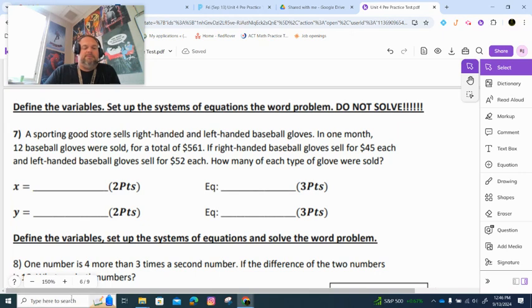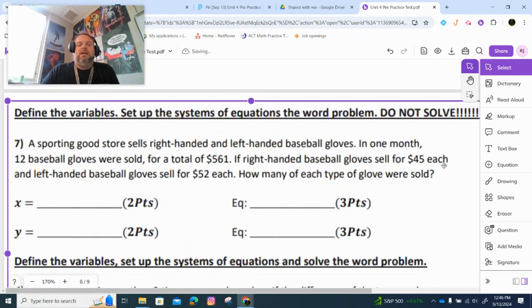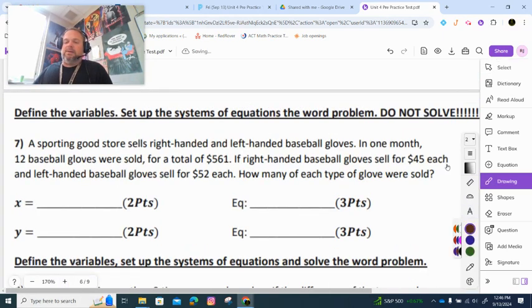Define the variables. All right. So we are selling right-handed and left-handed baseball gloves. One month they sold 12 for this much. If a right-handed baseball glove sells for this and a left-handed sells for this, how many gloves were sold?